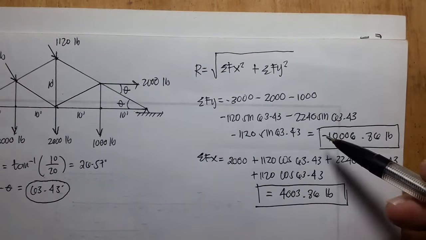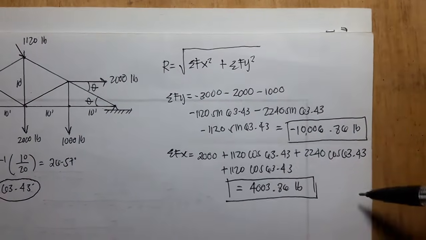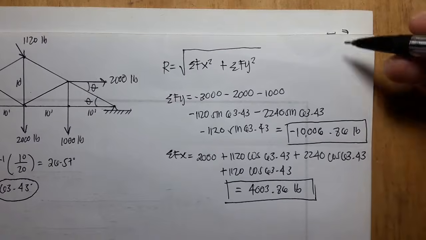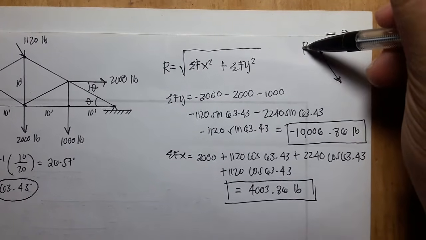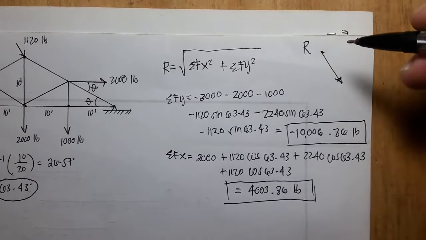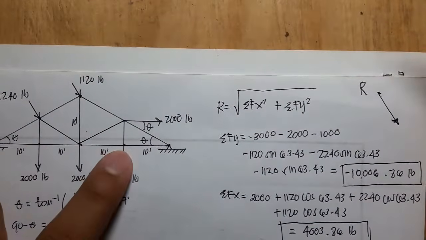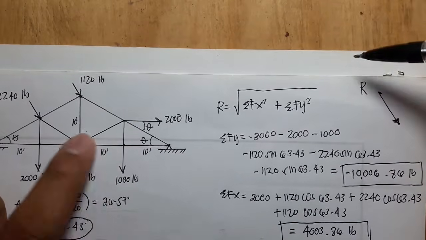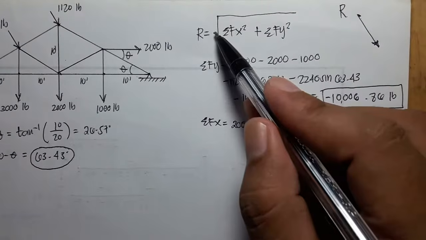By looking at the signs of these two, we can say that our resultant is going down and to the right. It is down right, but we don't know the location of our resultant. Now we can solve for the resultant.